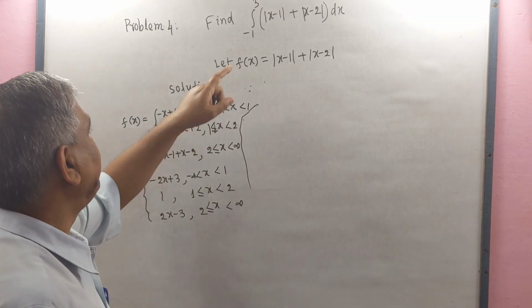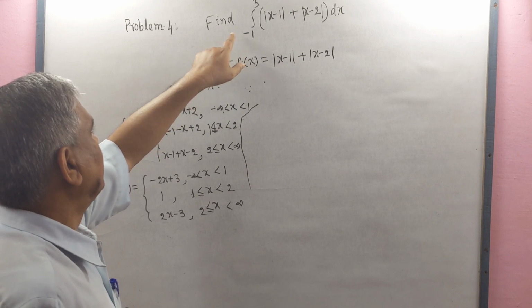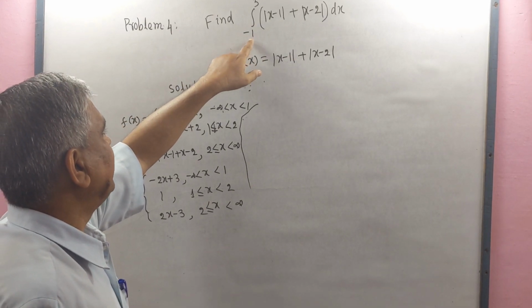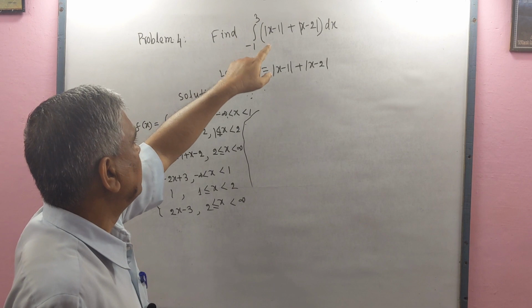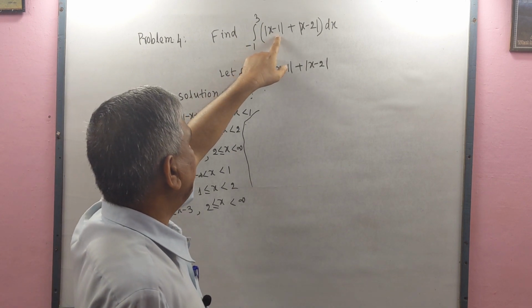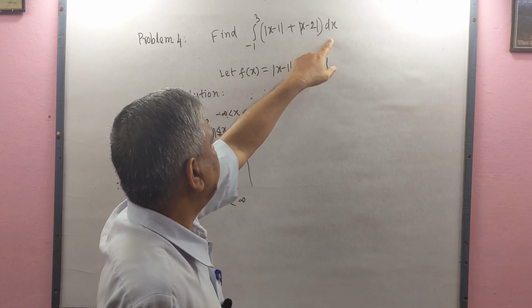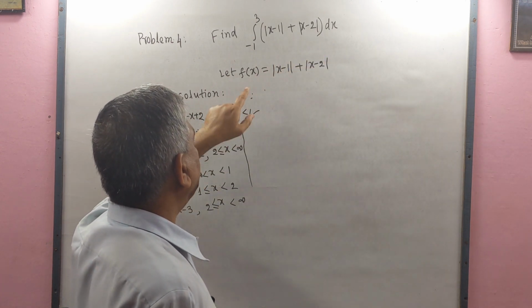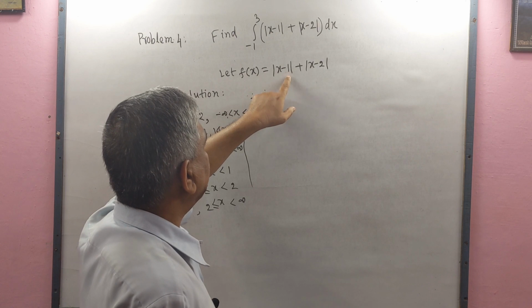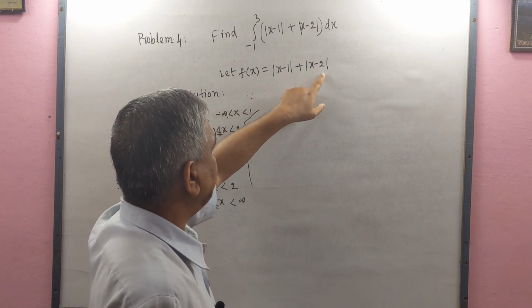Now we find an integration. Find the integration from minus 1 to 3 of modulus of x minus 1 plus modulus of x minus 2 dx. Let f(x) equal to modulus of x minus 1 plus modulus of x minus 2.